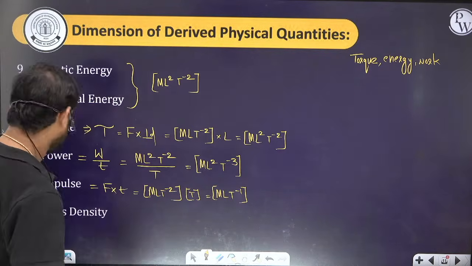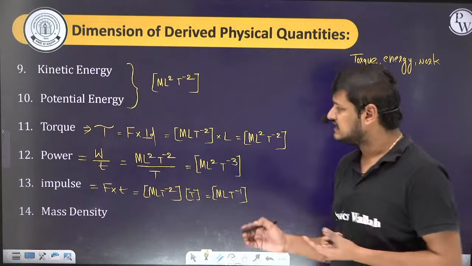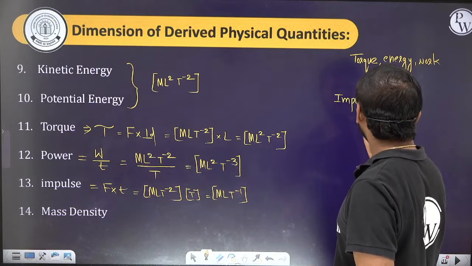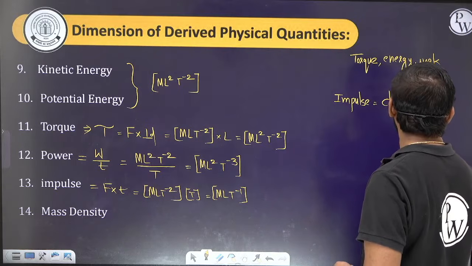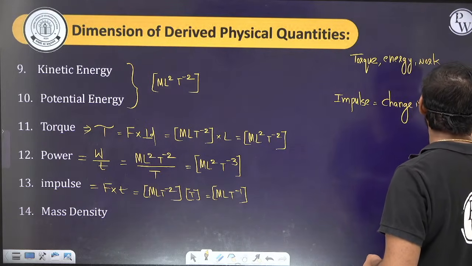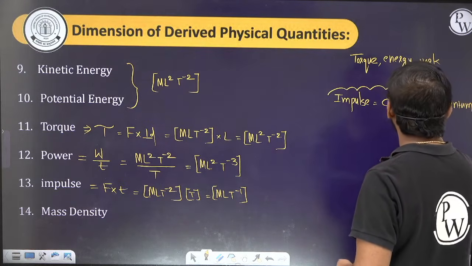Clear? Chal. So you can also remember one thing, that the impulse is equal to the change in momentum. In questions, they might ask which of the following two physical quantities will have the same dimensional formula.